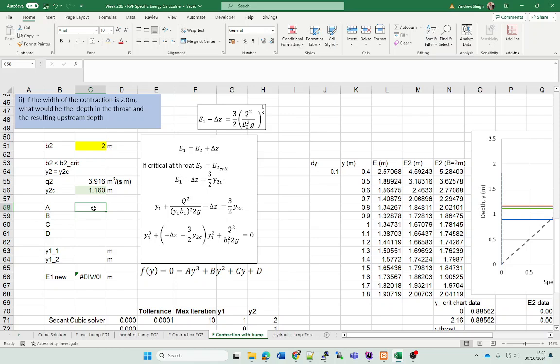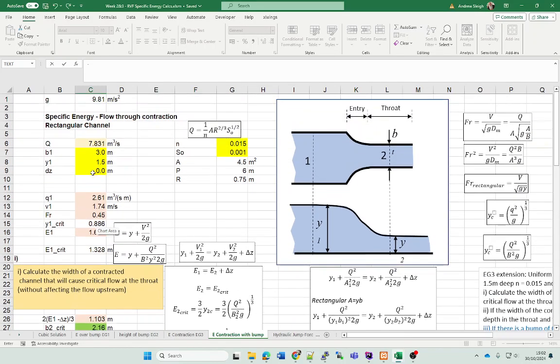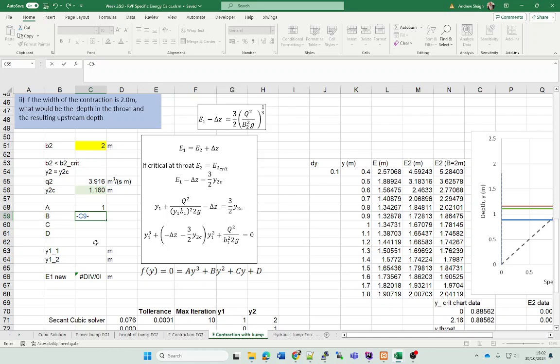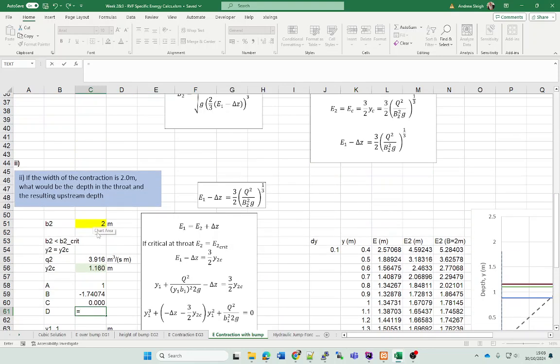A is always 1 in my formulations, B is this formula here, minus delta Z, minus 3 times Y2C, which I've calculated, divided by 2. C is always 0 in my formulations, and D is the Q squared over B squared 2G.